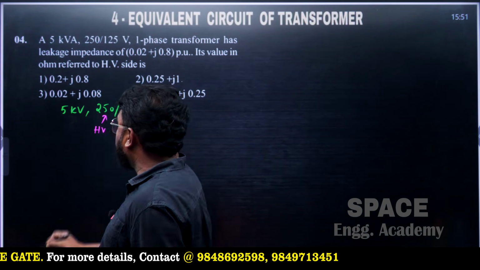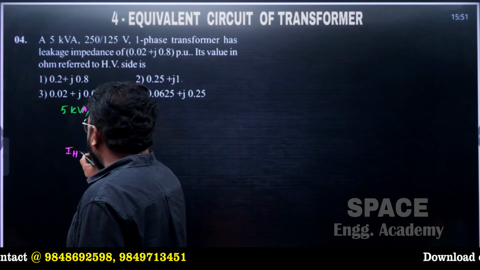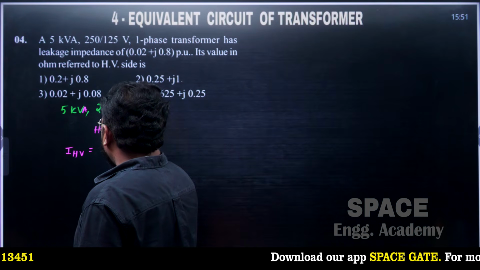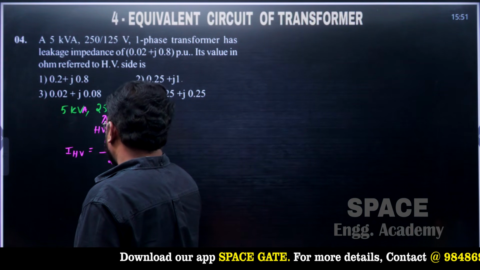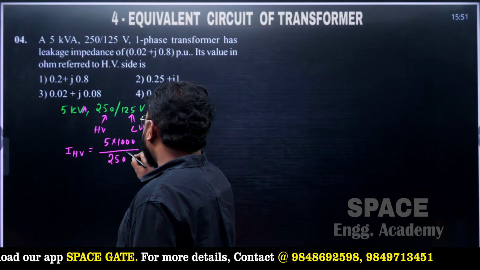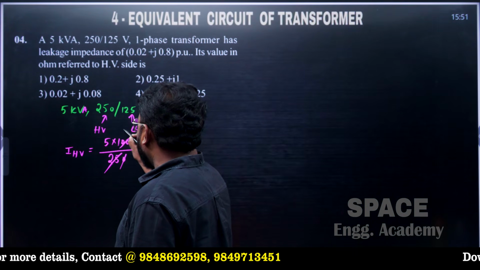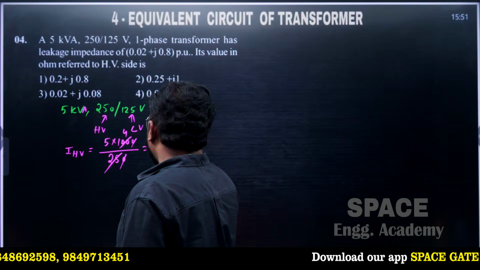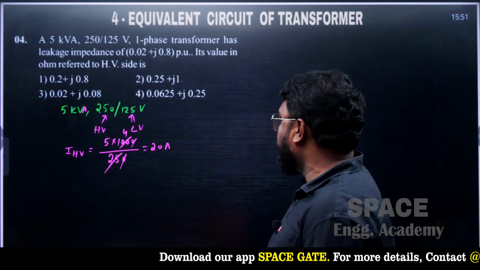The current in the HV winding, IHV, is equal to the power rating, 5 into 1000, divided by 250 volts. The zero cancels, and 25 into 4 equals 100. So 5 into 4 equals 20 amps. So we got the current in the HV winding is equal to 20 amps.